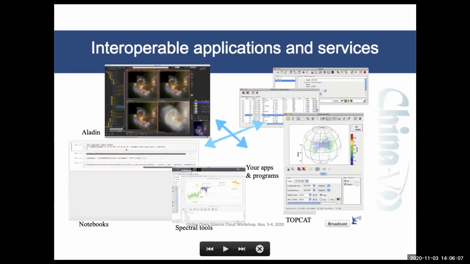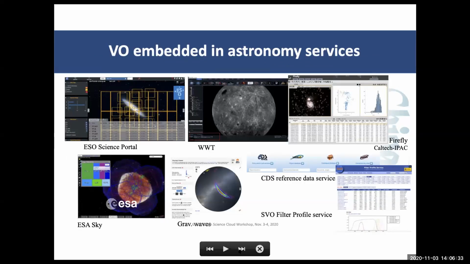During the last 2 decades, the VO community designed and developed dozens of interoperable applications and services. Here are some examples. And now the VO framework has become a daily tool for astronomers around the globe. In addition to these standalone tools, the virtual observatory is embedded in different kinds of astronomy services now.